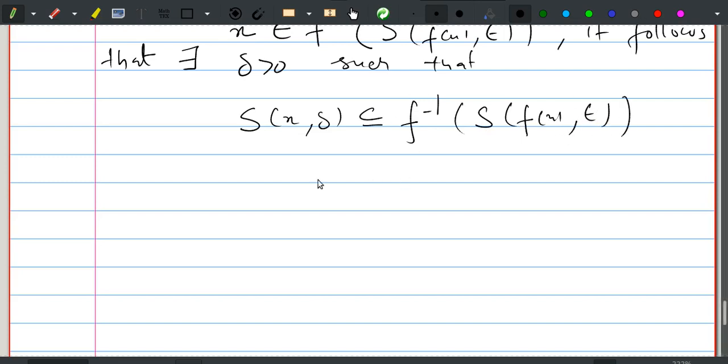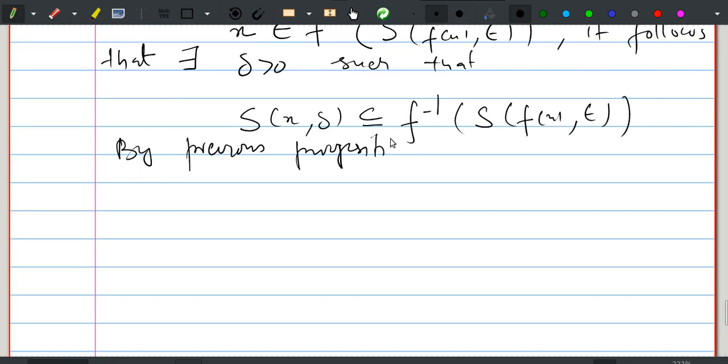So by the previous proposition, it follows that f is continuous.